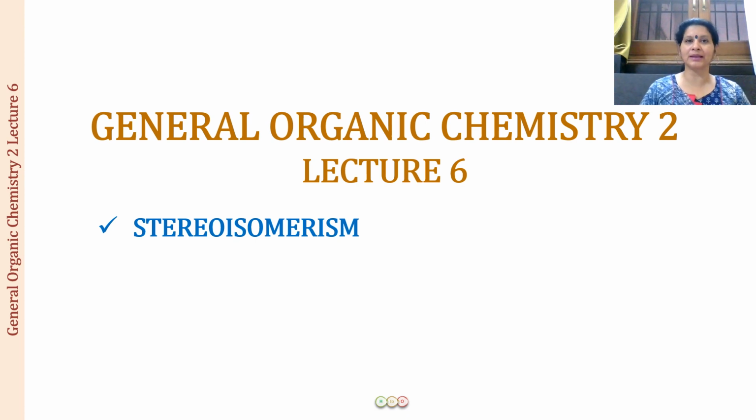In stereo-isomerism, the compounds also have the same structural formula. This means that how the atoms are linked to one another is also going to be the same. So what is the difference? Well, the difference is in the spatial arrangement of the atoms in the molecule. If that is different, the isomerism that we will be having will be called stereo-isomerism.